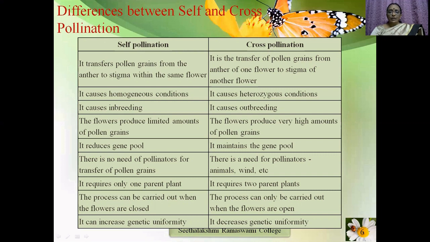Self-pollination requires only one parent, whereas cross-pollination requires two different parents. The process of self-pollination can be carried out even when the flowers are closed, whereas for cross-pollination, the flowers should be in open condition. And self-pollination increases the genetic uniformity, whereas cross-pollination decreases the genetic uniformity.